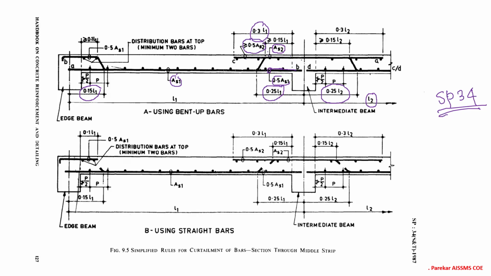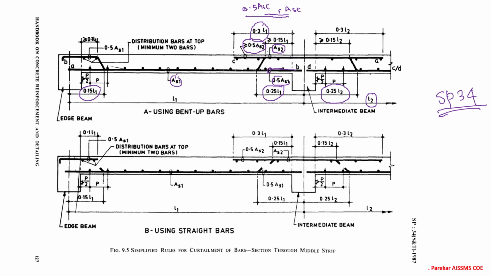That means all the steel we have in this 0.15 L1, and only 50% beyond it, because whichever is 0.3 L is also present in the 0.15 part, and beyond that we have the 0.3. So this will be Ast, and here you have 50%. So this becomes 0.5 Ast, as mentioned here.